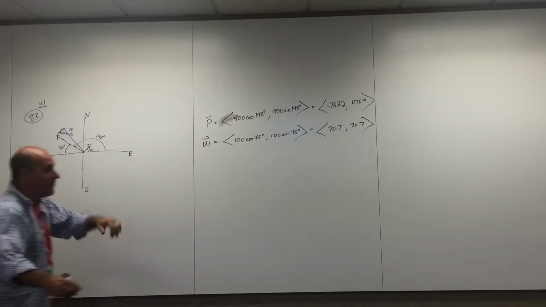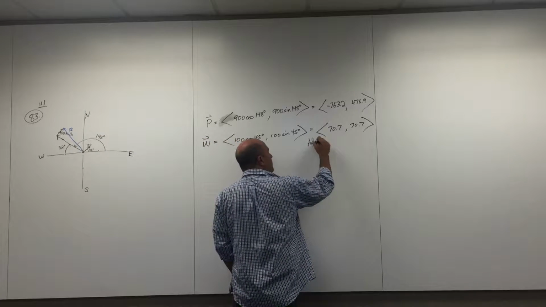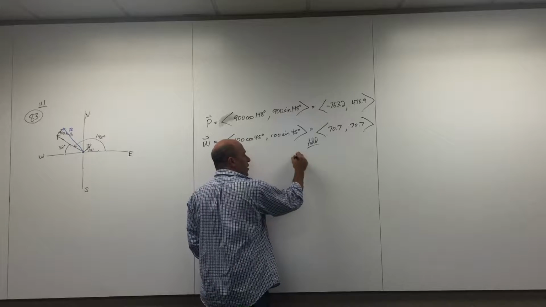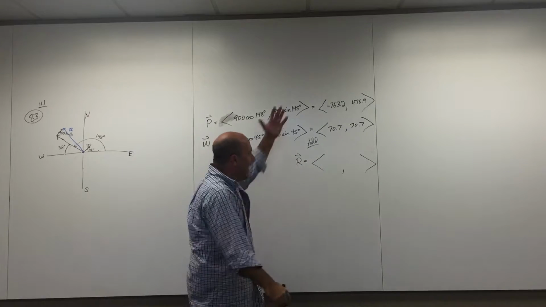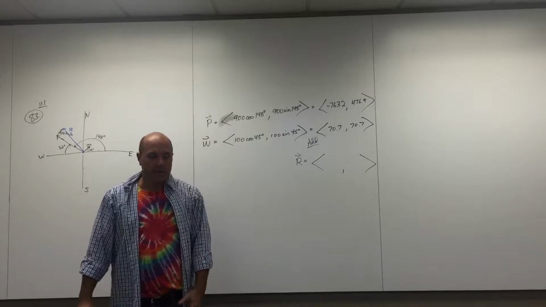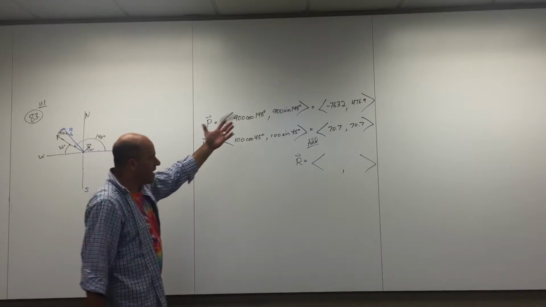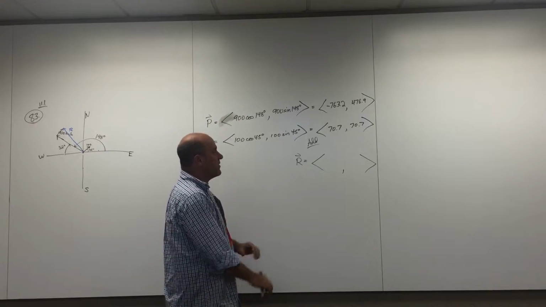All right, I want to add these vectors, and the resultant, I'm going to call it R, will be, now, this is what I like. We like to add vectors component-wise. So it takes a little work to get it in component form, but then this is an easy problem.